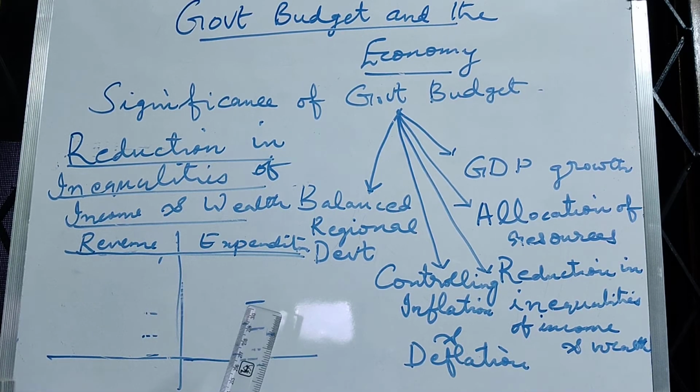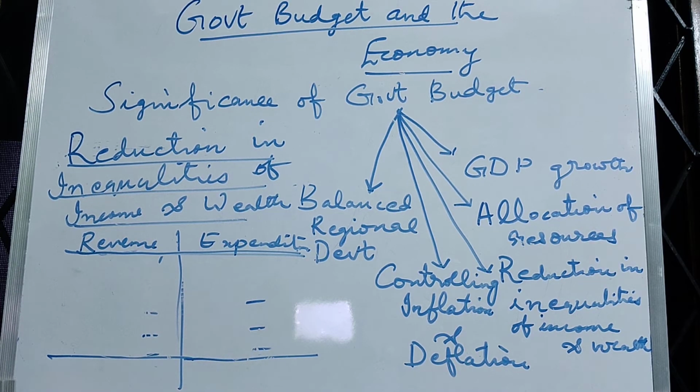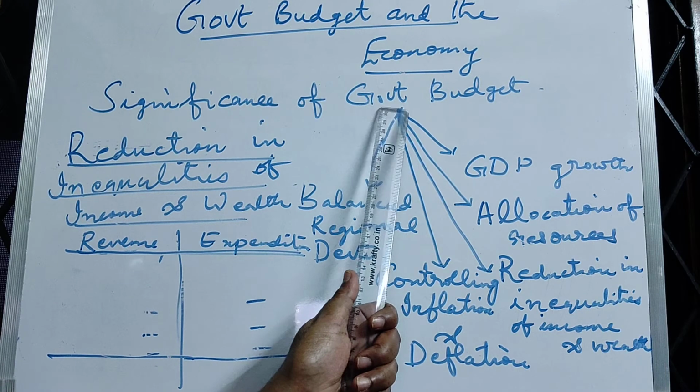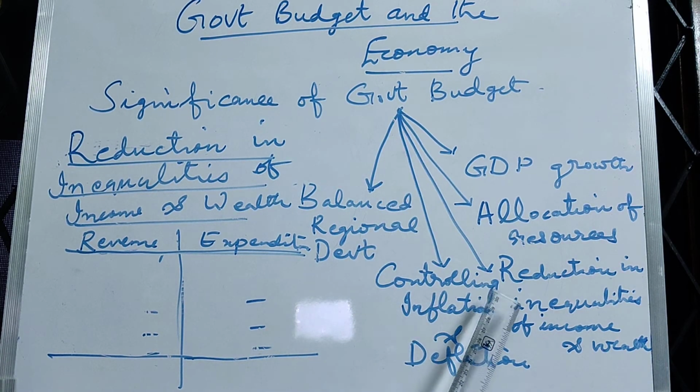A small section of society is extremely rich, whereas a large section of society is extremely poor. And it is said that through the government budget, we can achieve the objective of redistribution of income.